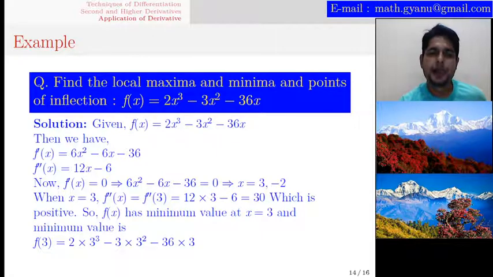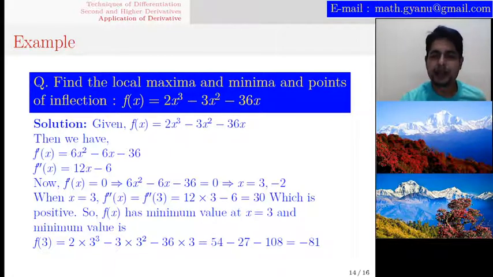Substitute the value of x by 3 in the given function, 2x cube minus 3x square minus 36x, and after calculating you will get minus 81, which is the minimum value of the given function.